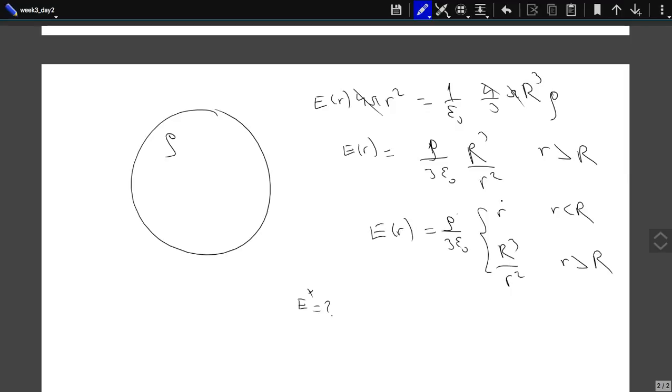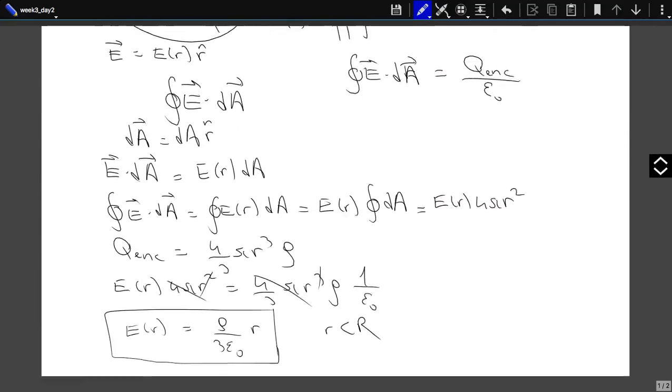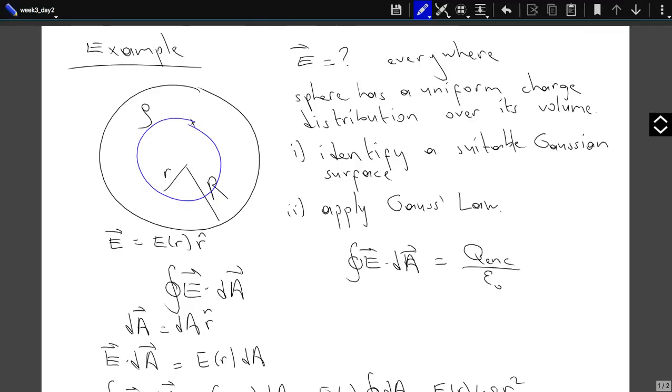And here we don't have point charges. We assume that we have a continuous charge distribution. And in the previous part, part of the charge was inside my Gaussian surface, part of it was outside, and I can still use Gauss's law.